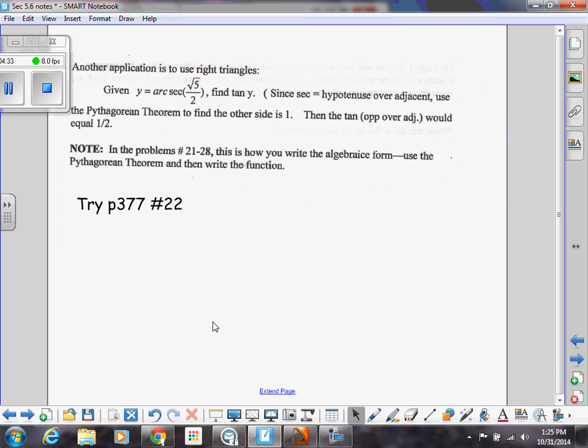Another application is to use it in right triangles. If I wanted to find the tangent of y, I could draw a right triangle. I want some angle, and the secant of that angle is square root of 5 over 2. Secant is hypotenuse over adjacent, so that would be square root of 5, and the 2 would be there.